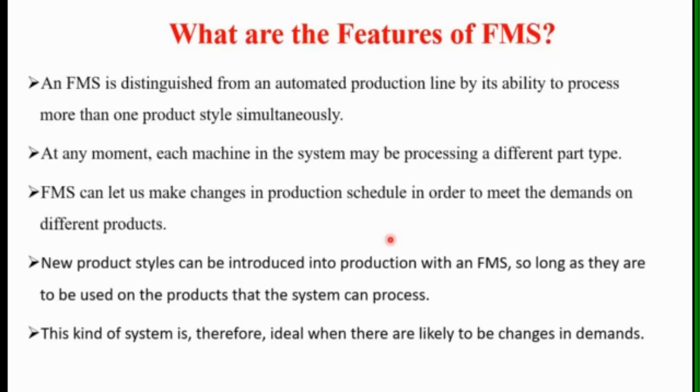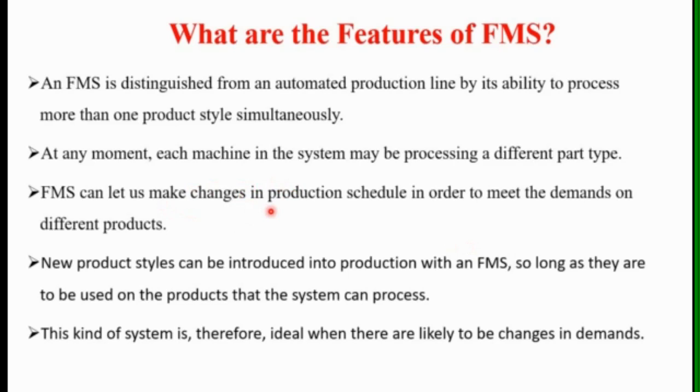This flexibility is additionally provided in this system. At any moment, each machine in the system may be processing a different part type. So we can produce different products on different machines at the same time.